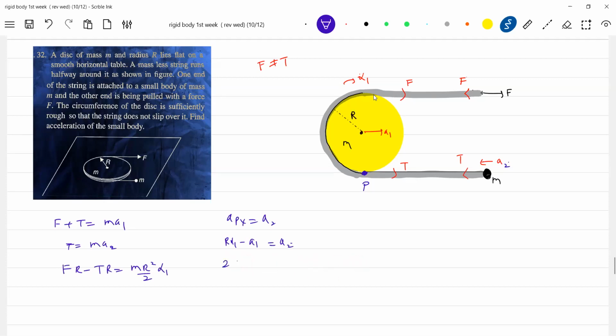So R alpha 1 will be 2 into F minus T by M. A1 will be F plus T by M. So solving this, we'll get T in terms of F. Then we can calculate the acceleration. Anybody value of A2? F by 4M.